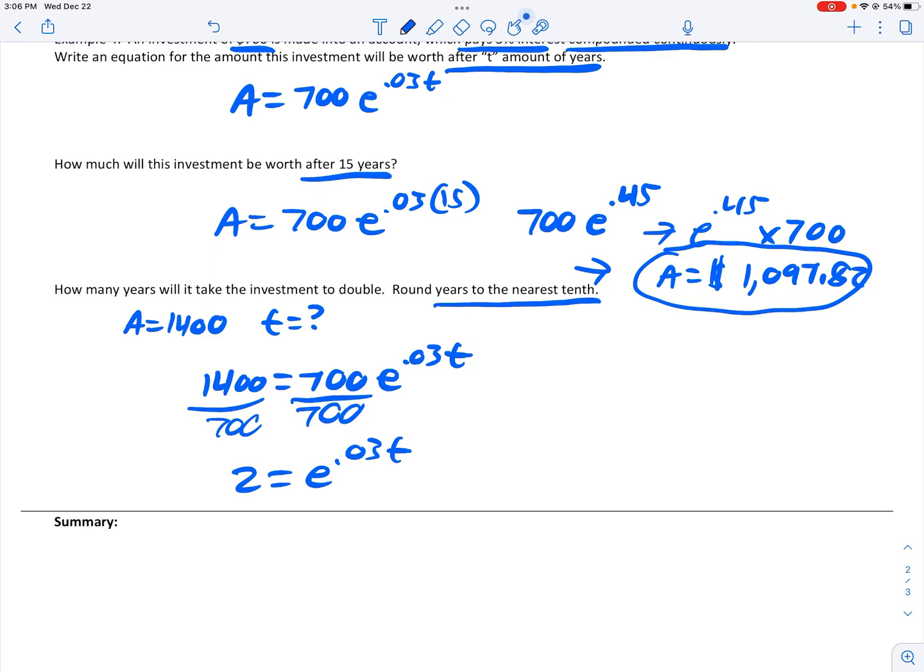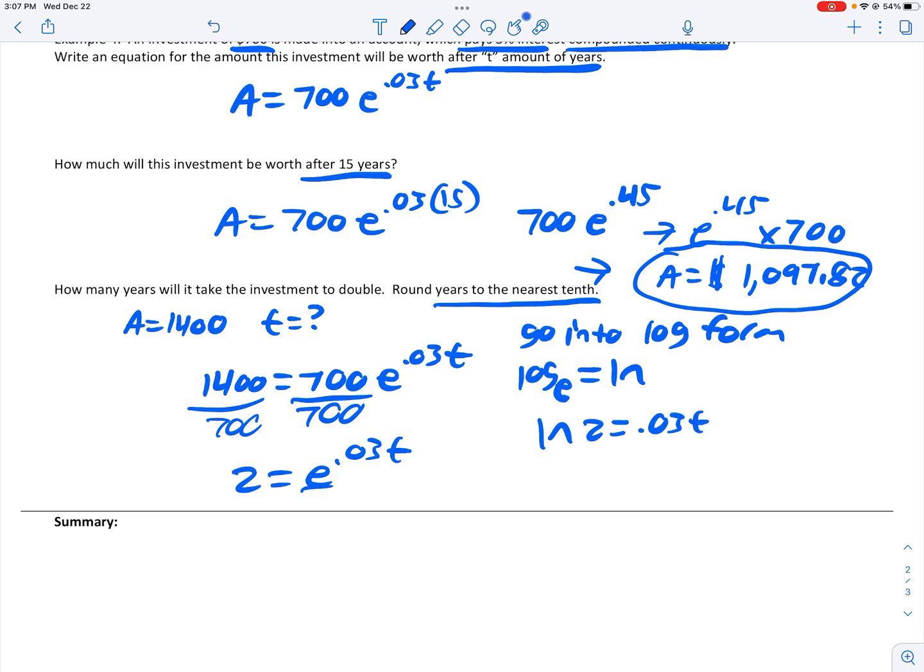Again, it's kind of hard to write 2 as a base of e, so we're going to go into log form. So remember, when it's base e, we could write log base e, but we usually just use the natural log, so ln. So ln of 2 equals 0.03t.